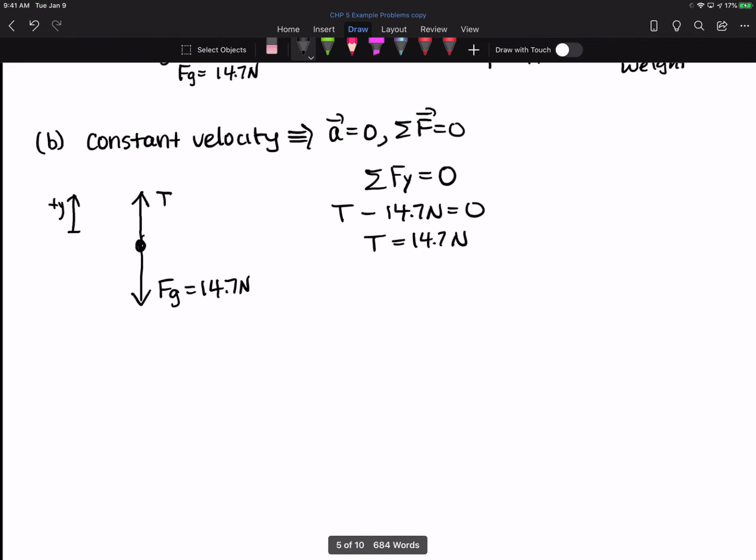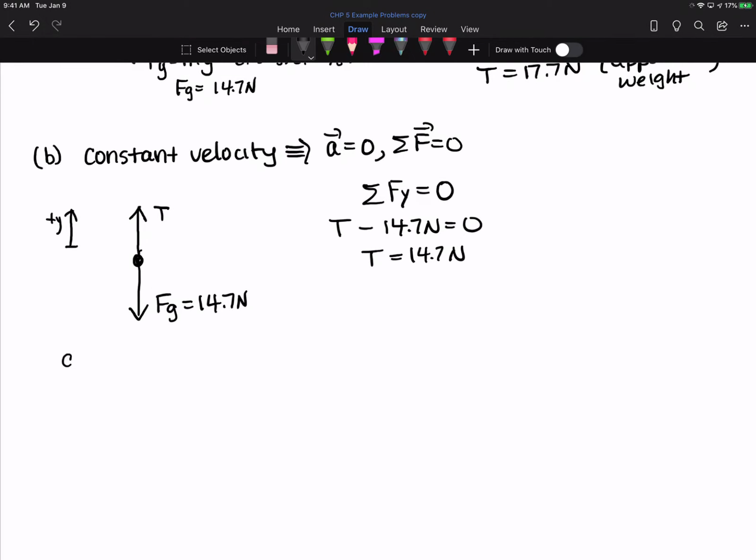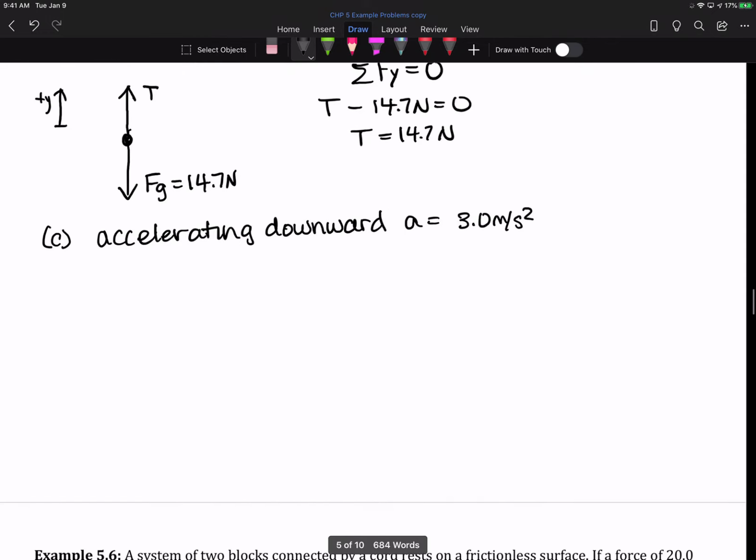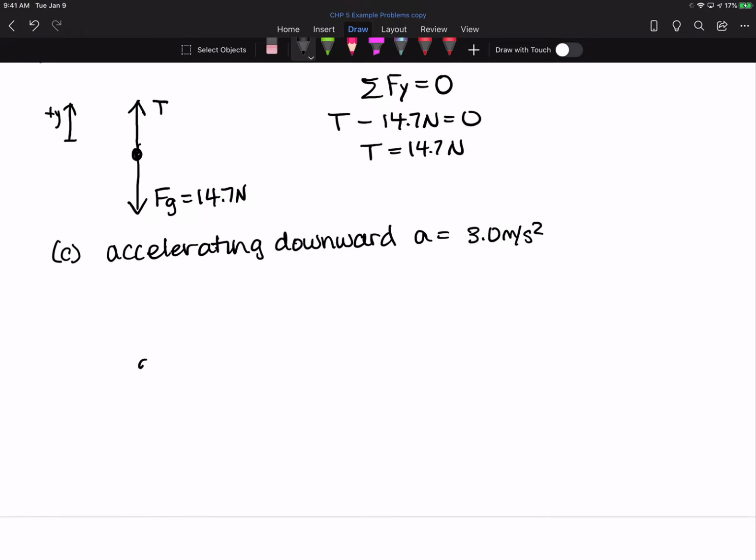All right, for part C, we have the elevator is accelerating downward at a rate of 3 meters per second squared. So I'm going to go ahead and draw my picture again. So here's my force of gravity, 14.7 newtons. And in my picture, I'm still going to choose my positive y direction to be up, just to be consistent.